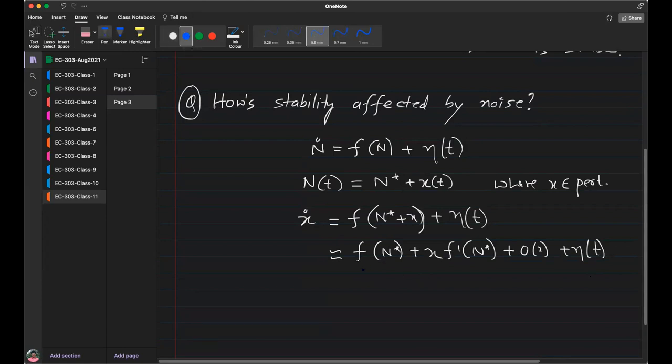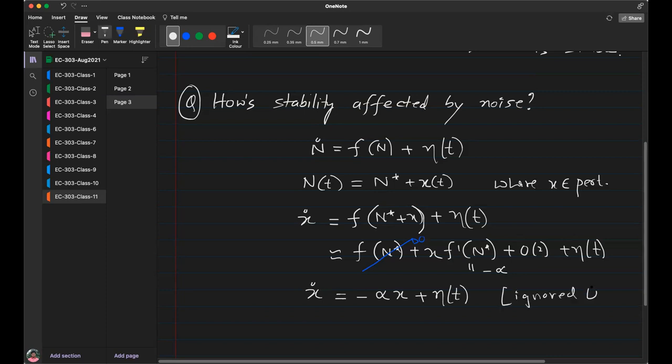The first term is f of n star, which is the growth rate at equilibrium, that is 0. Let us assume that n star was a stable equilibrium, so let us denote f prime of n star by minus alpha, where alpha is positive. So we have x dot is equal to minus alpha x plus eta of t, where we have ignored order 2 and higher terms. Is that fine?